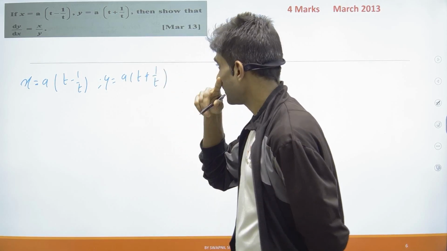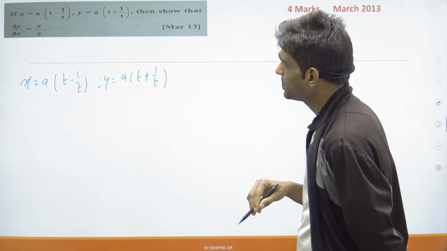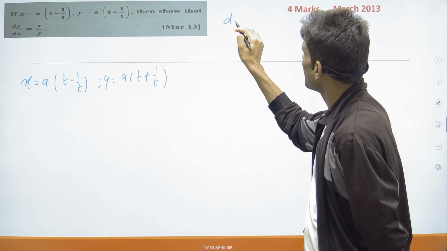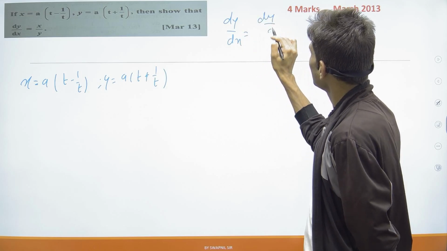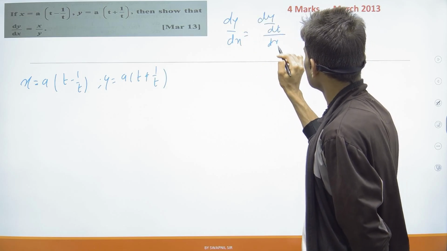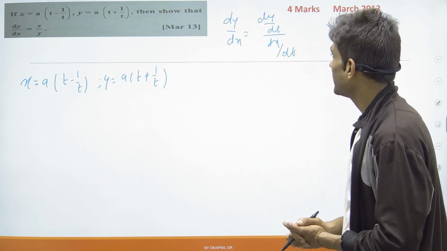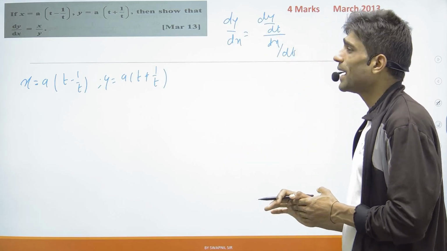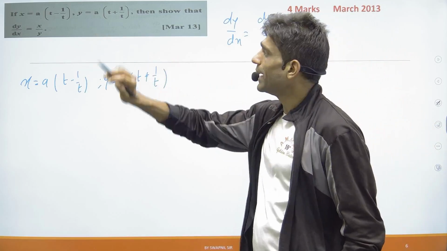We have to differentiate x with respect to t and y with respect to t. Then you will get the parametric function dy by dx as dy by dt upon dx by dt. So we have to find dy by dt and then divide this term by dx by dt. You will get the value for dy by dx.